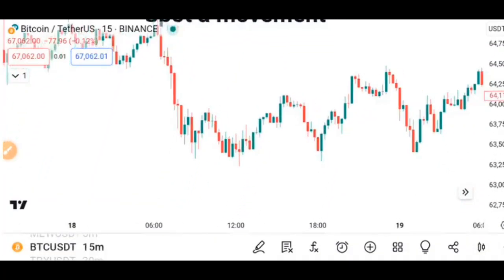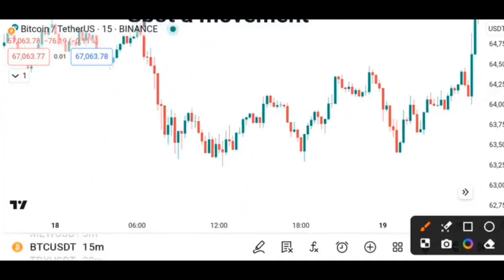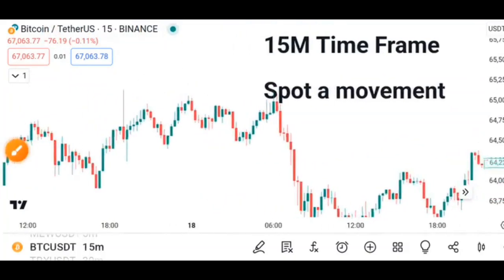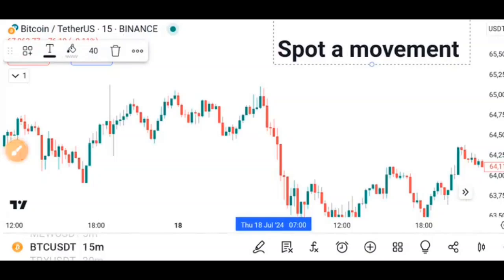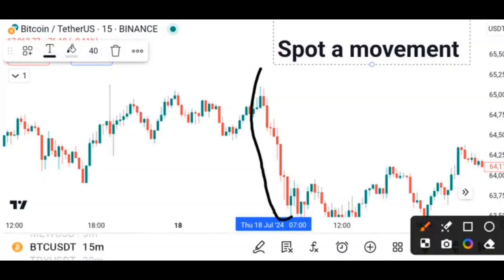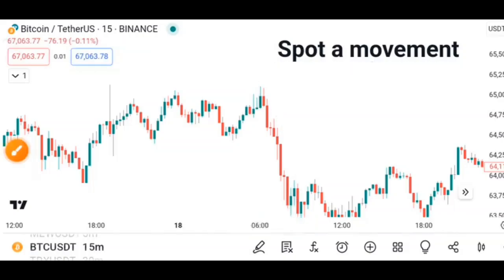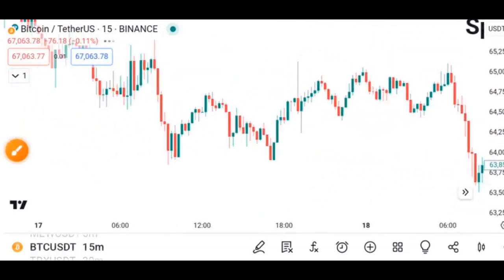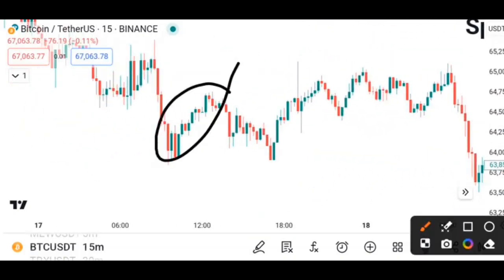Here is the type of movement you should see: an aggressive buy, just like this was an aggressive buy, a push up, consolidation, then another push up, a push up, then consolidation, then another push up. Spot this type of movement. There's another movement right here, there's a strong sell down right here. So spot this type of movement, either buy or sell, right?